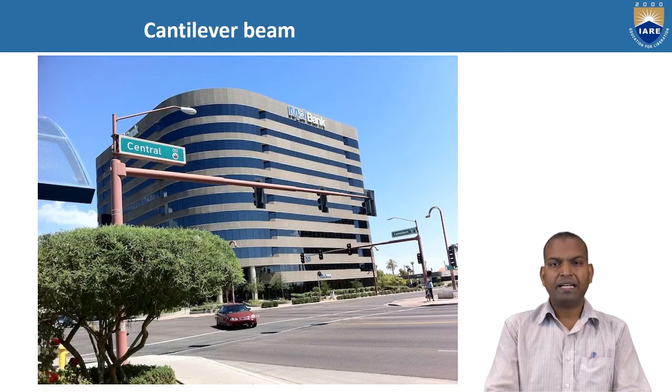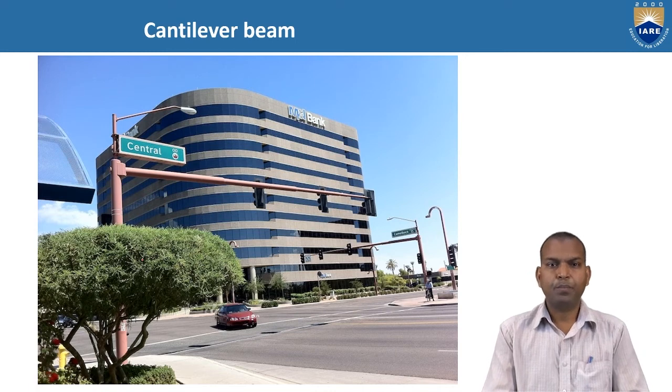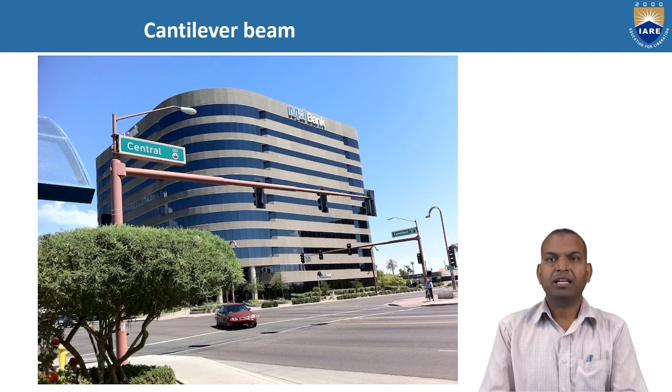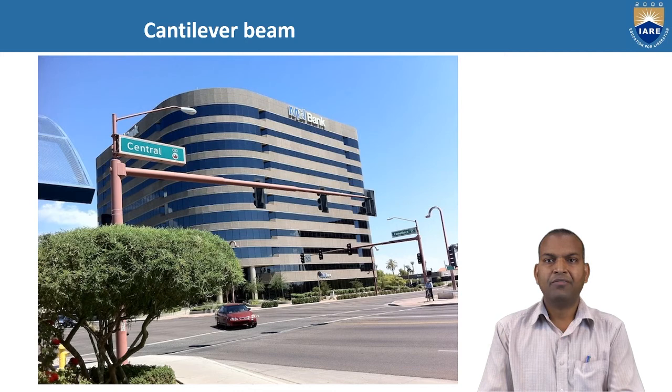Let us go for further discussion. How can we observe these types of beams practically in the real world? Here in this figure you can see a cantilever beam supported by traffic lights. There are 3 traffic lights.